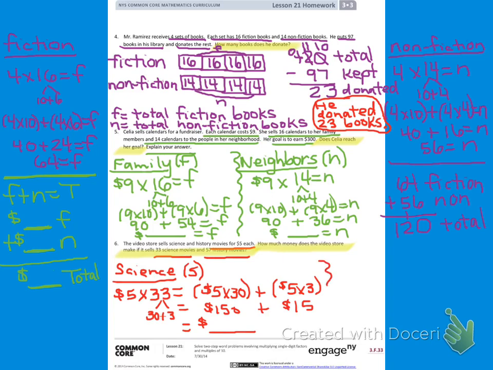Now, let's figure out how much she made on history movies. We'll label that H for history. Again, they're $5 each times, this time, 57, because that's how many movies she sold at the video store.